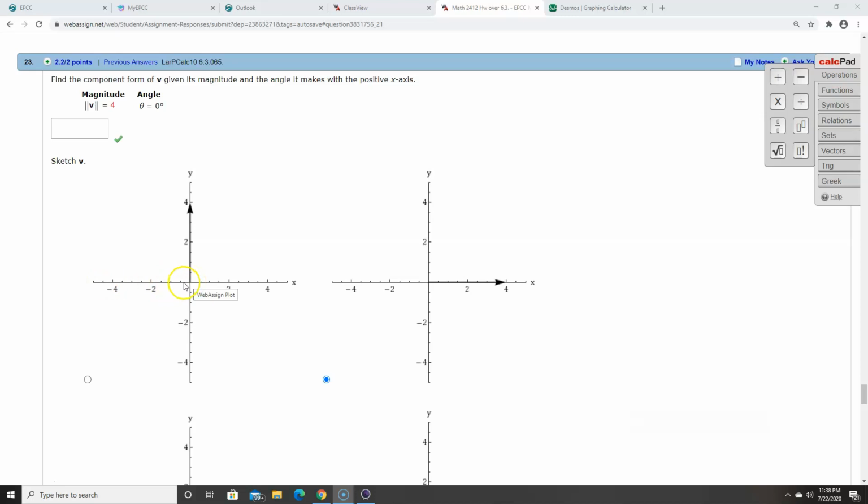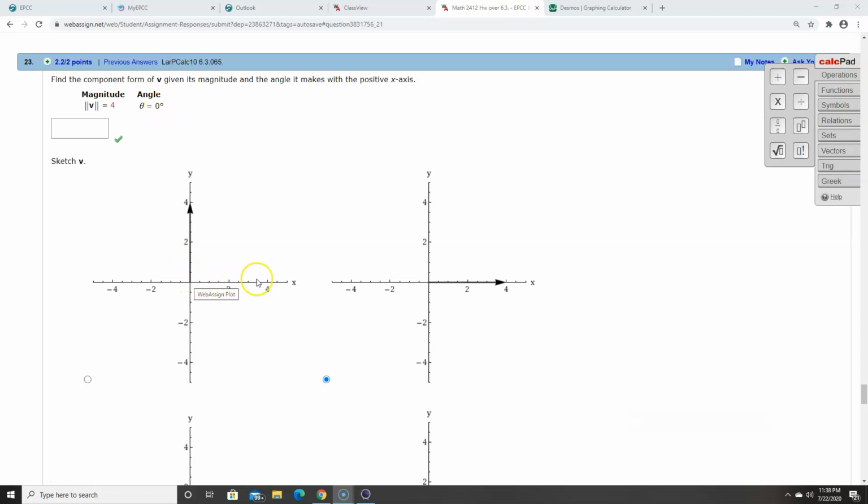Not this way, and not that way, until they tell you to turn. We're all starting in the same standard position. What is the angle? 0 degrees. That means don't move.